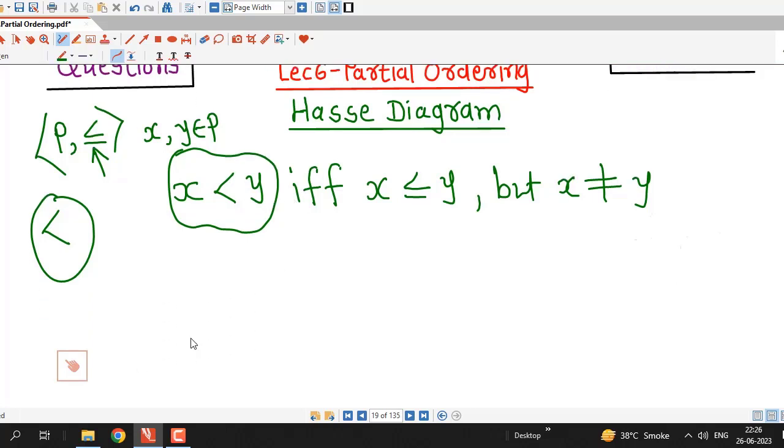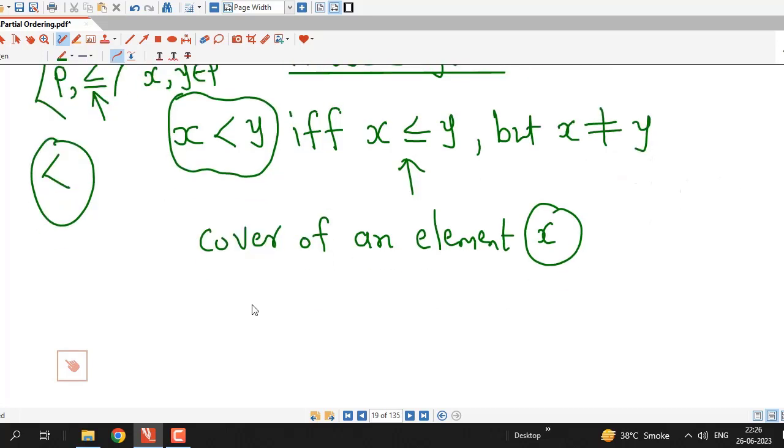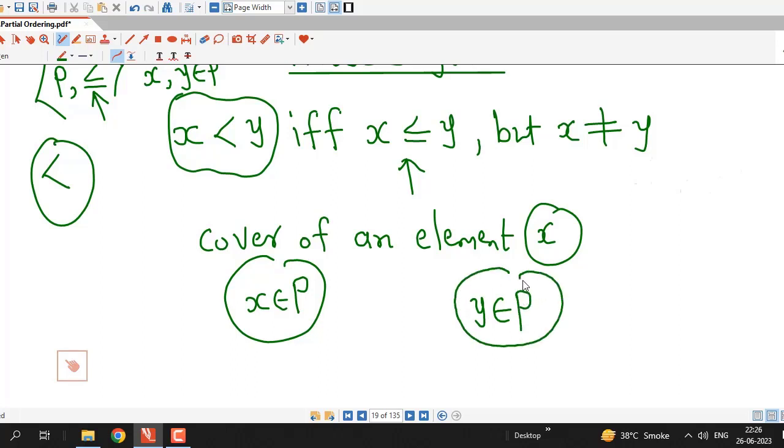So remember this notation: x less than y if and only if x is related to y but x and y are not equal. We are going to define the cover of an element also. Suppose we want to define the cover of some element x in a partially ordered set P. The cover is another element in P, say y.